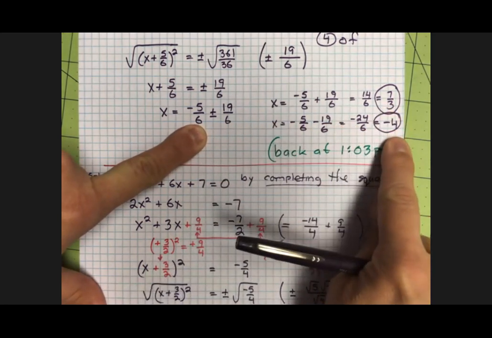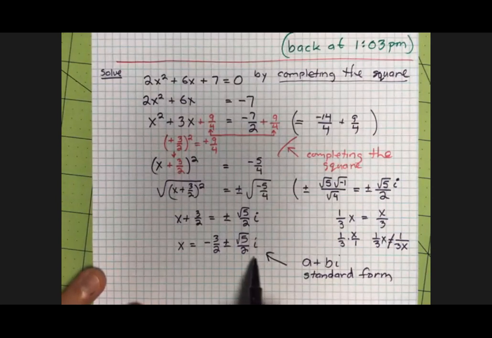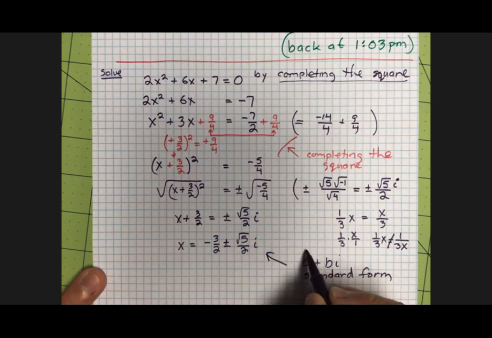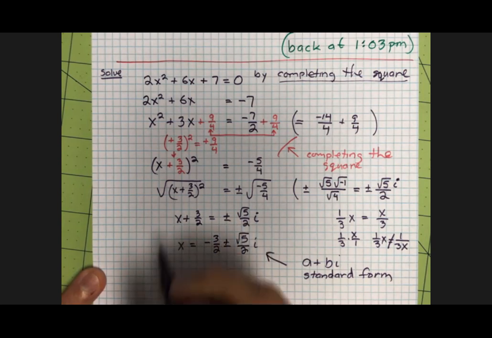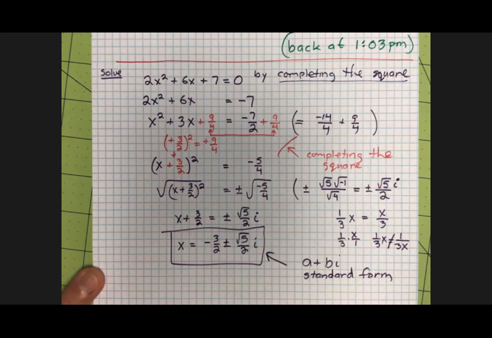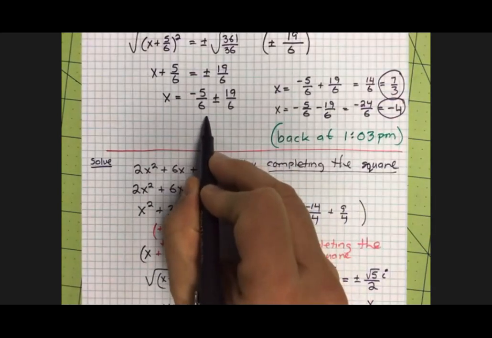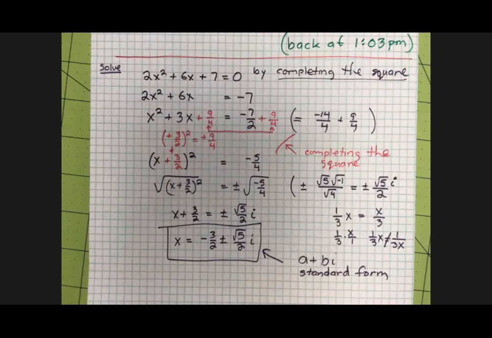That's why I created these two answers. But you actually get a break when you're doing the complex numbers, is that nobody wants you to put them together. In fact, they actually forbid you from putting them together. You have to leave these separated in standard form. Do not write one fraction here. So that is legally done. Up here, I wouldn't have called this done if you hadn't simplified that. Okay, that's a really good observation.